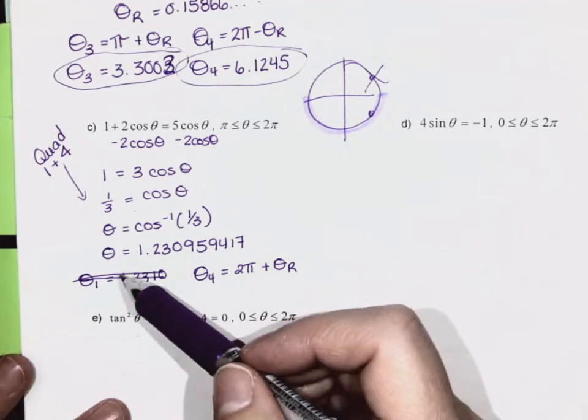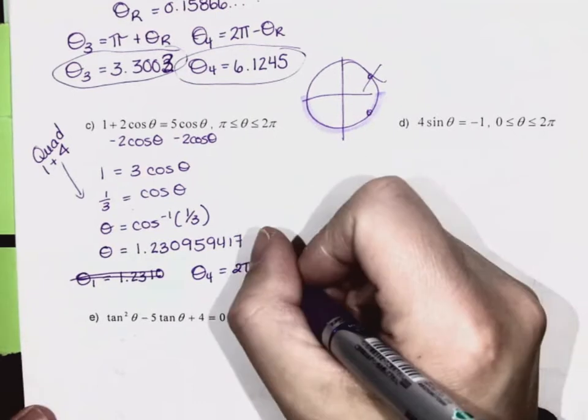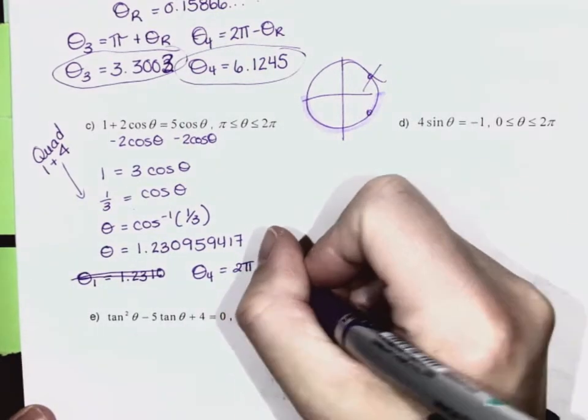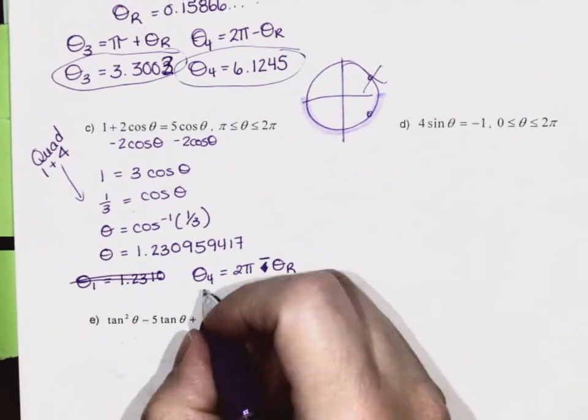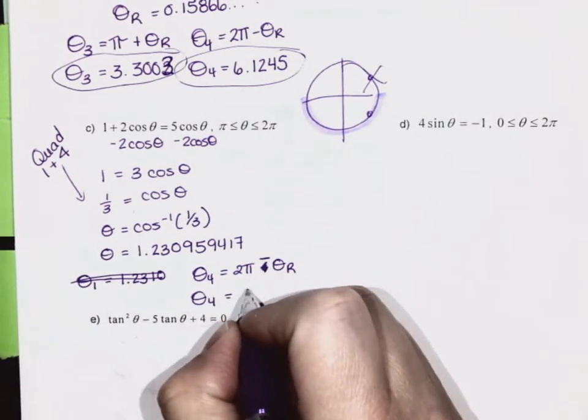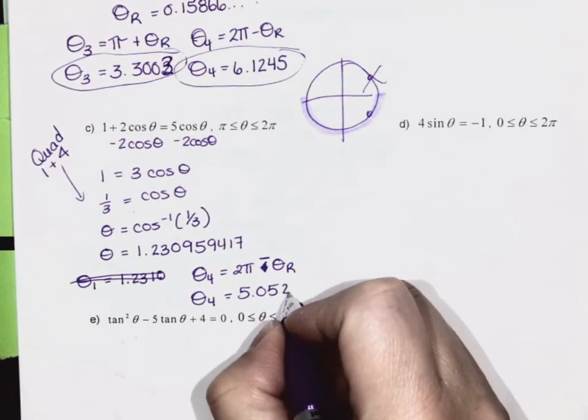Now notice I didn't label this as theta reference because I was pumped that it was going to be in quadrant 1. This is what happens when I start talking and trying to do math at the same time. It's dangerous. So my answer for quadrant 4 is 5.0522.